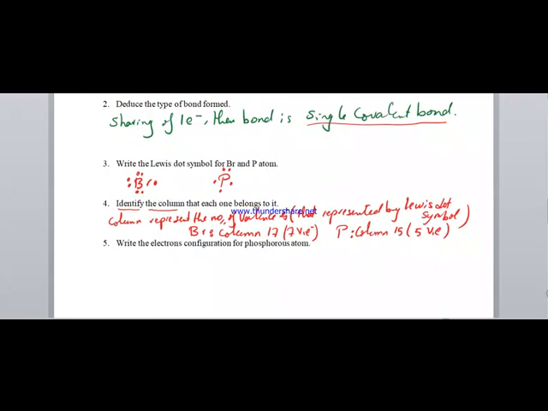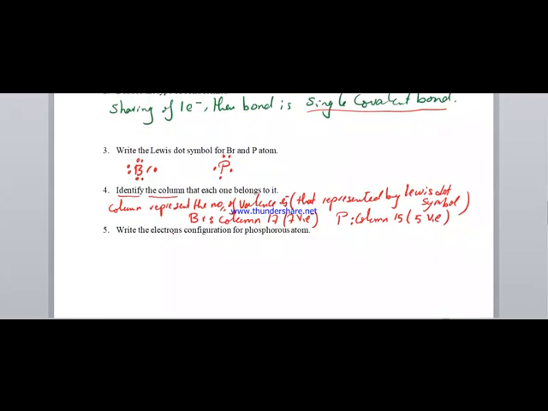Write the electron configuration for the phosphorus atom. The phosphorus atom exists in row 3, which means that we have 3 energy levels: K, L, and M. We have 5 valence electrons, so at the outer energy level we have 5 electrons.